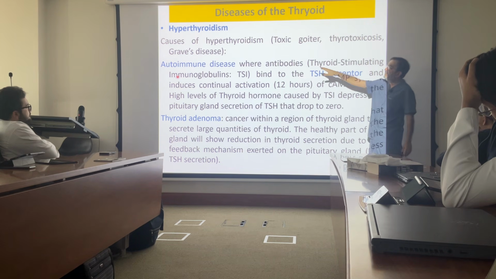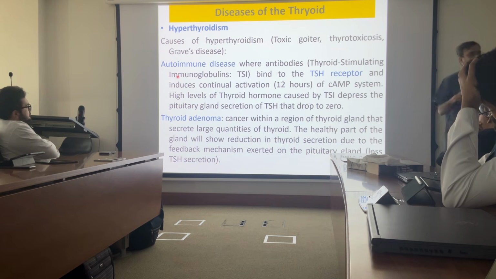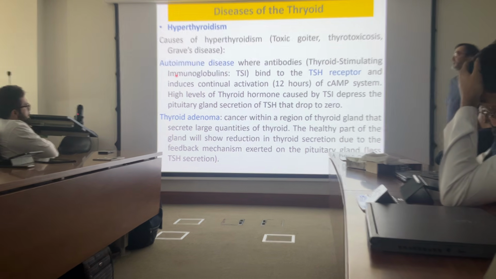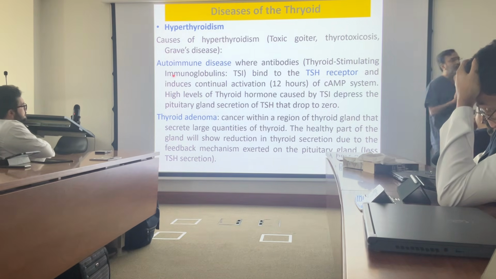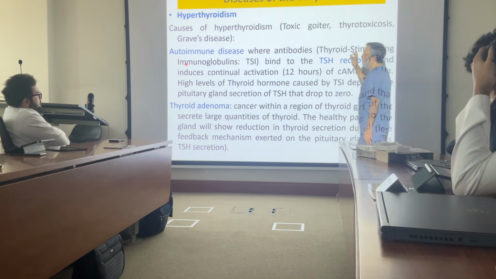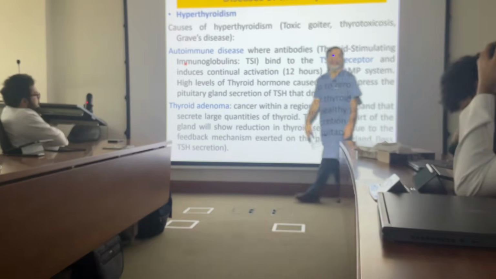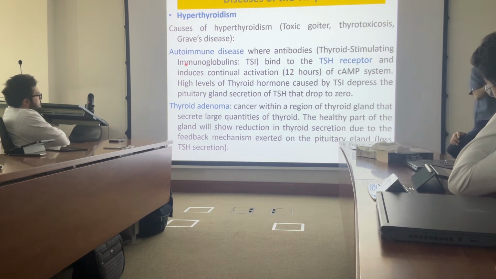You may have a disease called Graves' disease, which these guys are going to keep on asking you. Graves' disease is an autoimmune disease. That means it is producing autoantibodies. What type of antibodies are produced? Thyroid stimulating immunoglobulin. This thyroid stimulating immunoglobulin has a similar structure to TSH.